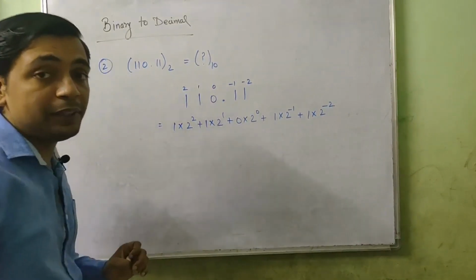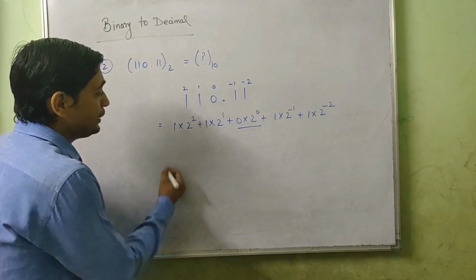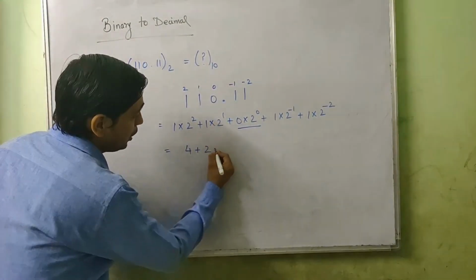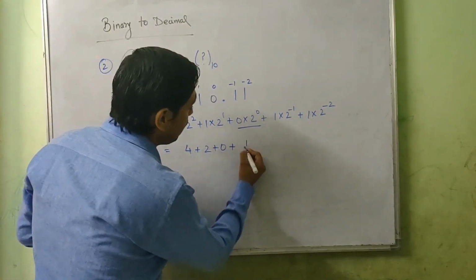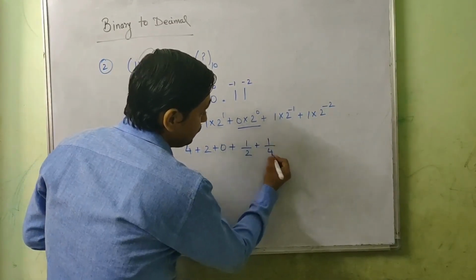I hope you have worked with exponents, because here we are going to deal with that. Well, 0 multiplied by anything will be 0. Now 2 to the power of 2 is 4, 2 to the power of 1 is 2, and this will be 0. 2 to the power of -1 will be 1 by 2, and 2 to the power of -2 will be 1 by 4.